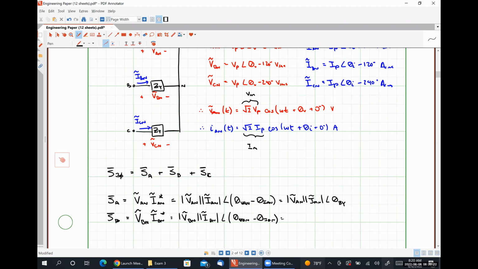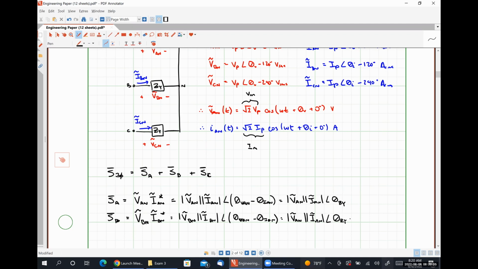Well, the magnitude of VBN is the same as the magnitude of VAN, so we can just write VAN here. The magnitude of IBN has to be the same as the magnitude of IAN in a balanced three-phase system, so we can write IAN here. And our angle will still just be the angle of our impedance ZY. So the complex power absorbed by phase A and the complex power absorbed by phase B are equal.